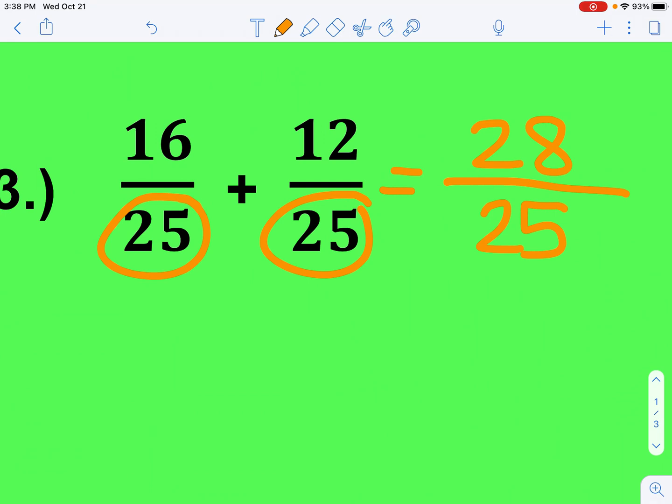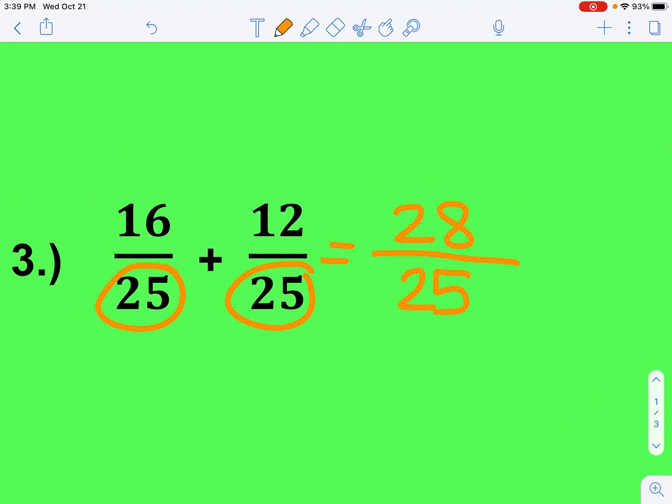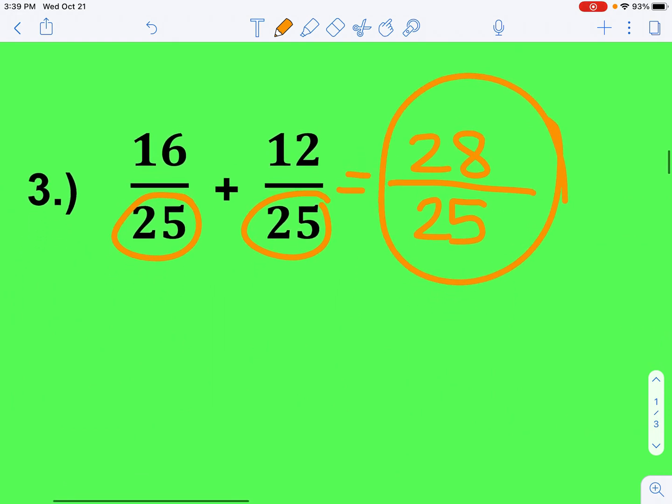Is there anything I can simplify when I look at 28 over 25? Both my numbers are not even, so I can't divide by 2. They're not both divisible by 3, not both divisible by 5, not divisible by 7, and lastly, not divisible by 11. So my answer is just 28 over 25.